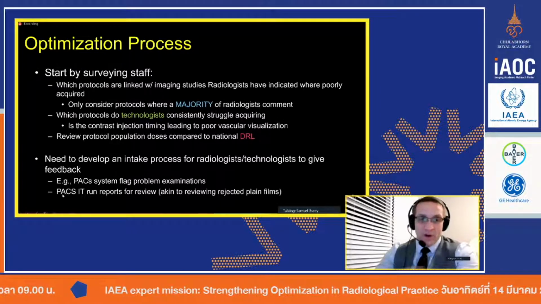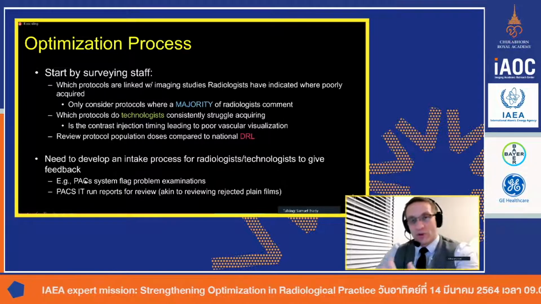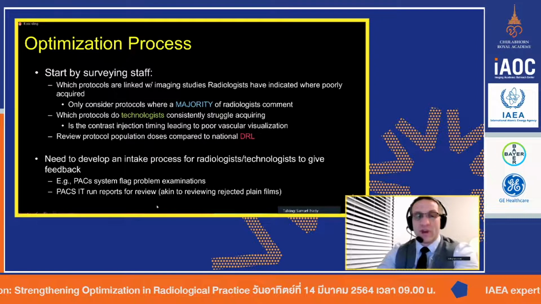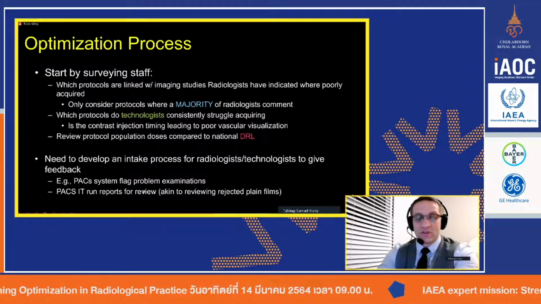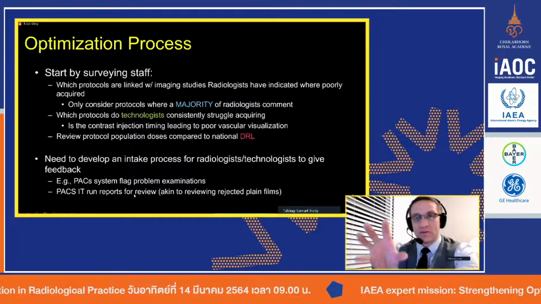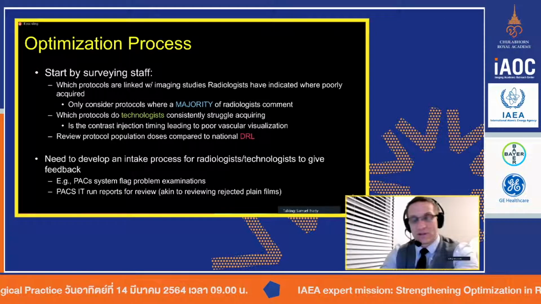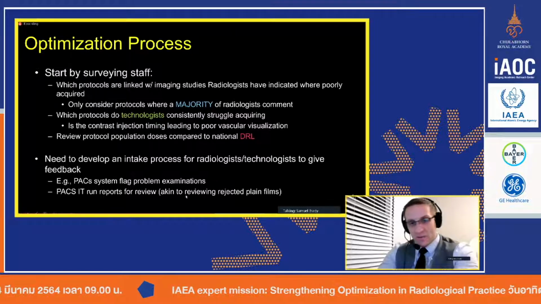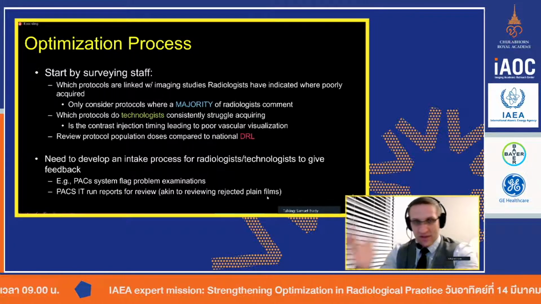All right, and so obviously if you have this ability, you will be collecting data in the background, so you can have your PACS IT team run reports, so that your optimization team can review where are the outliers, the protocols that are outliers. This is very much akin to reviewing rejected plain films. Just kind of how we used to do it in the old days.